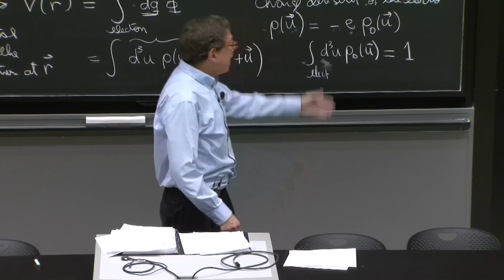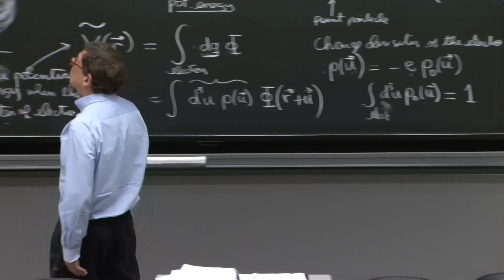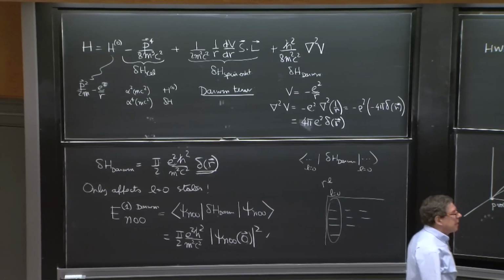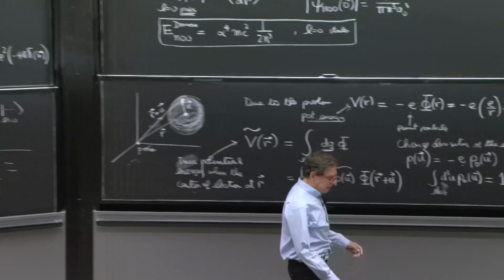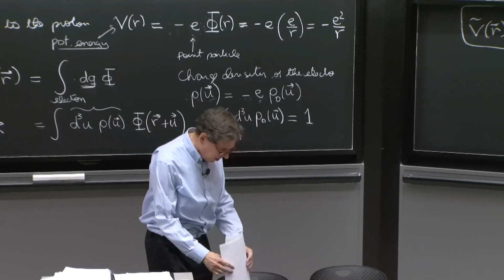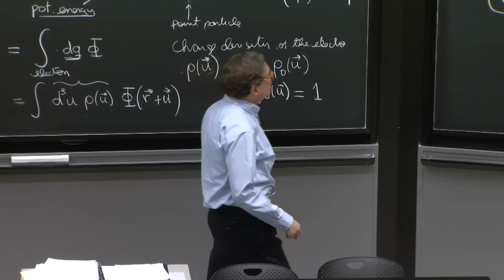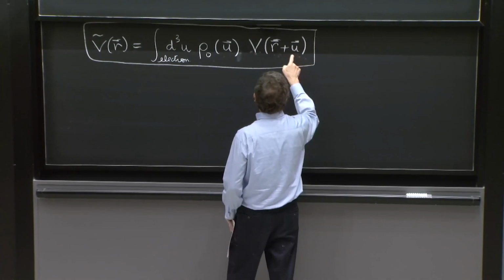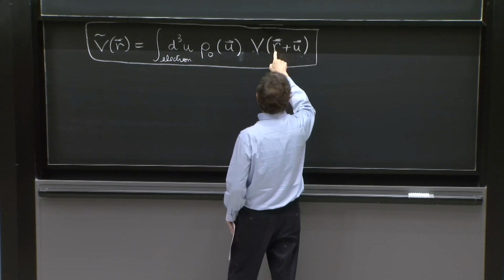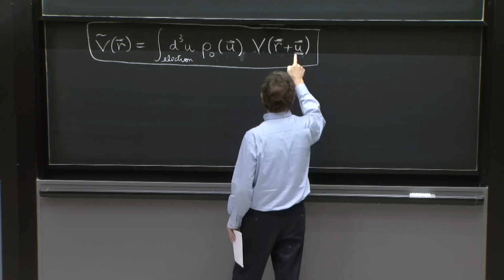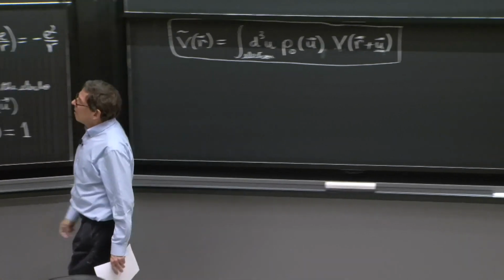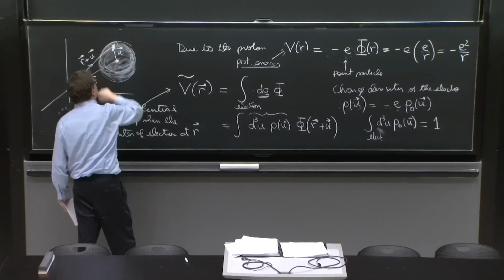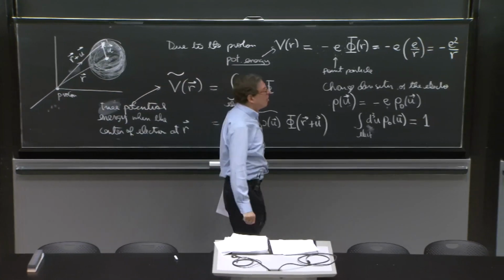Very good. We have a formula, but I was supposed to explain that term, and we have not explained it yet. But now it's time to explain it. We're going to try to do a computation that helps us do that. The idea is that we're going to expand the potential around R, the point R, and treat this as a small deviation, because after all, we expect this little ball that I drew big here for the purposes of illustration to be rather small.